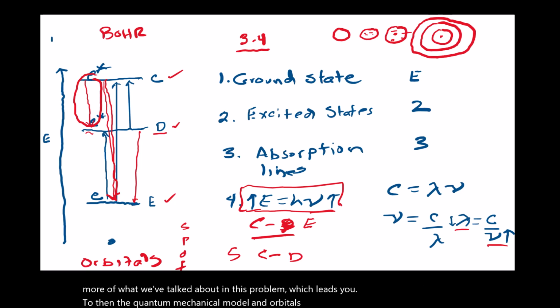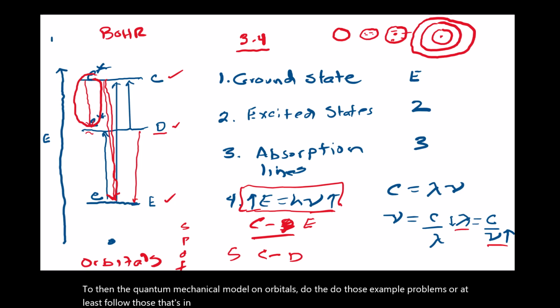Do those example problems, or at least follow those in the chapter, and then you've got your module homework. But I can't stress enough that you also need to do the odd problems in the back of the chapter. That gives you a broader range of all the possibilities of questioning that could be done on an exam.